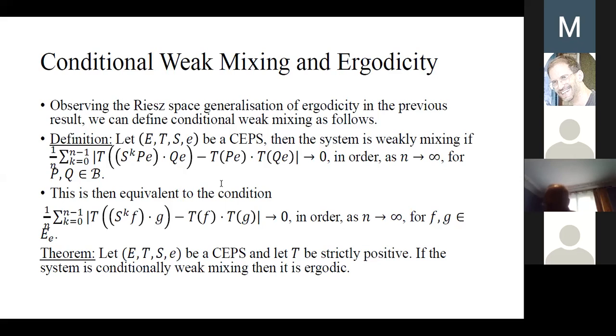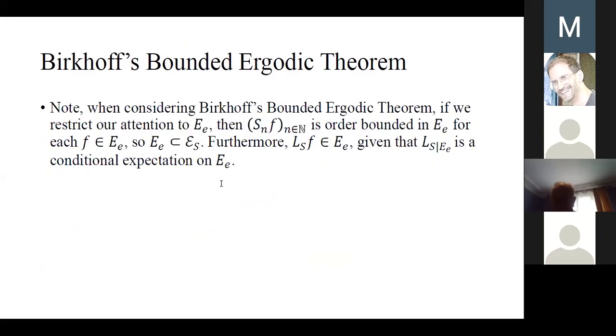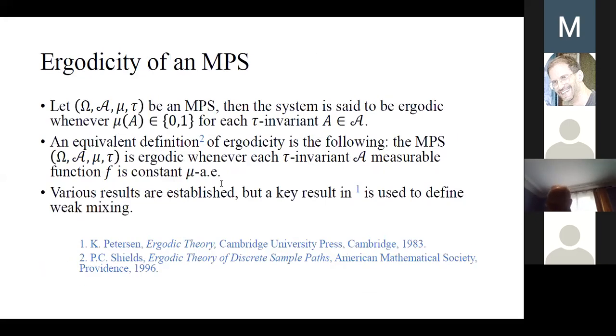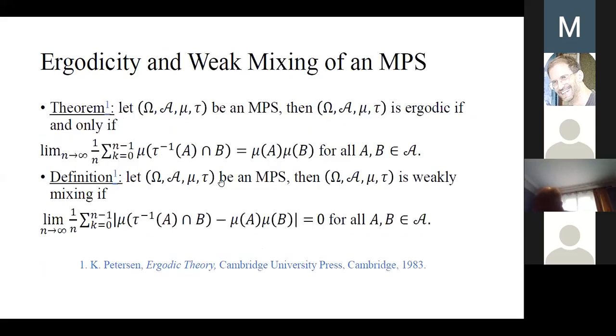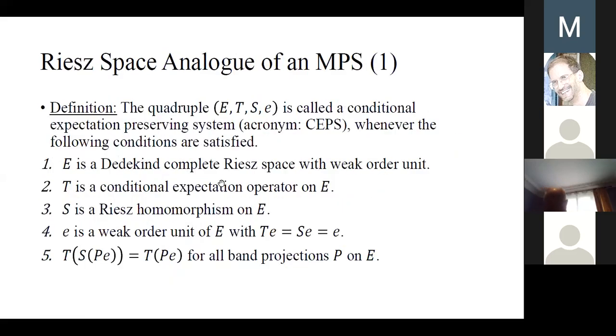Yes, I have a question. Even from the beginning, I miss why the operator S being a lattice homomorphism is crucial for the definition of conditional expectation. Are you talking about this lattice homomorphism S? Yes. Okay, so we don't need S to be a conditional expectation.